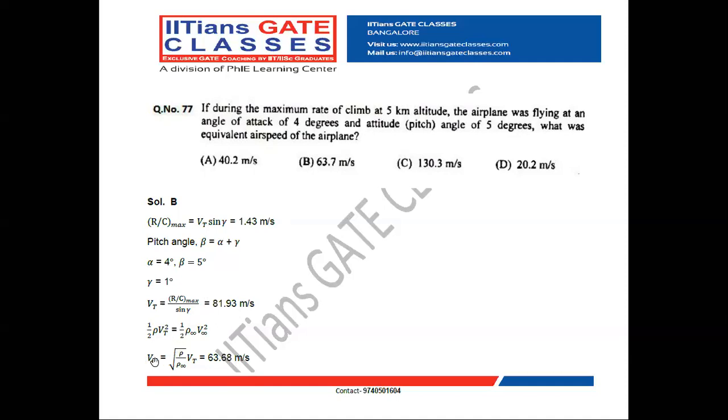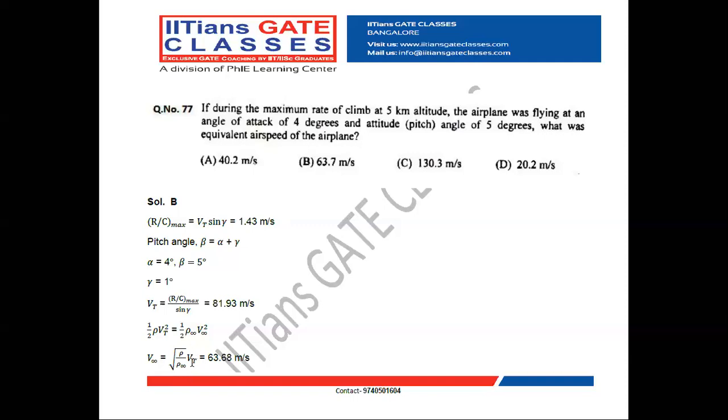So in order to calculate the equivalent speed of the airplane, we can equate half rho Vt square equal to half rho infinity V square. From that, the equivalent speed is equal to root of rho by rho infinity into Vt, that is true speed of an airplane.